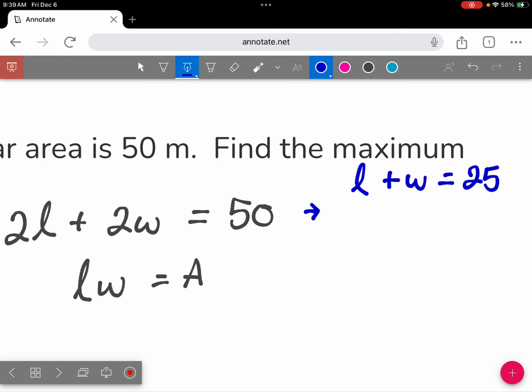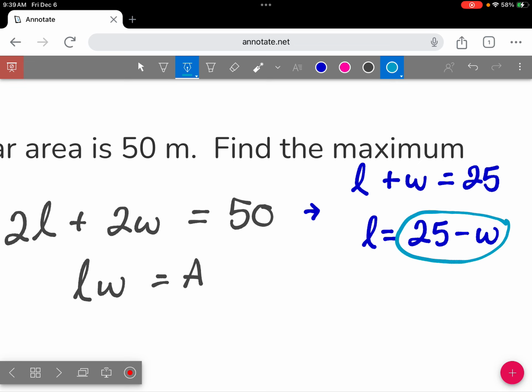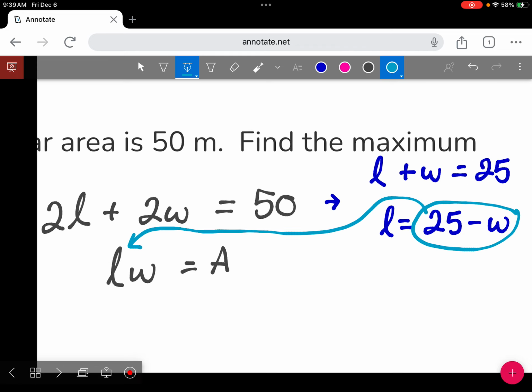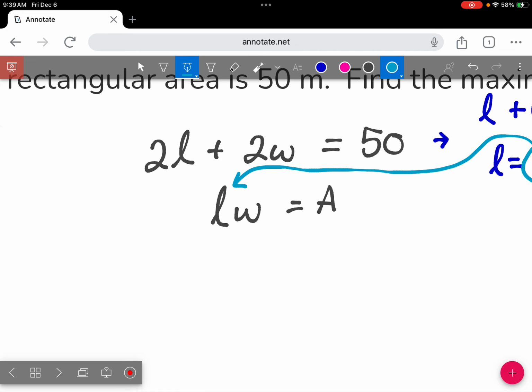And then pick one: L equals 25 minus W, or W equals 25 minus L. Either way, then I can substitute this into here to get 25 minus W times W is our area.